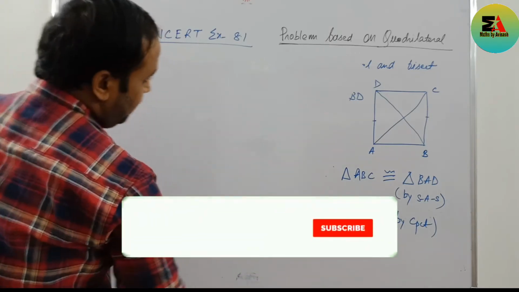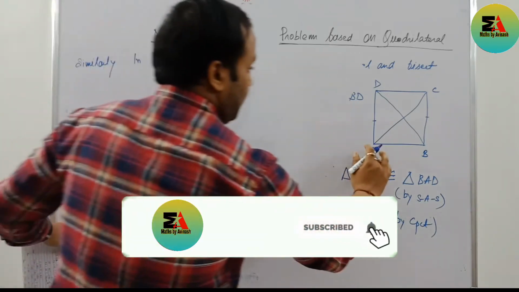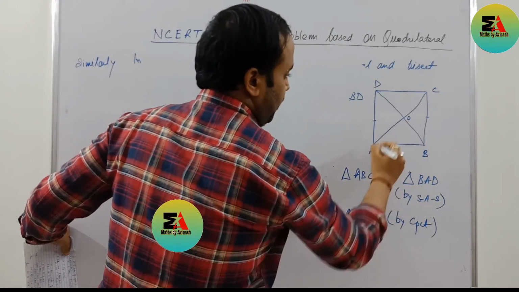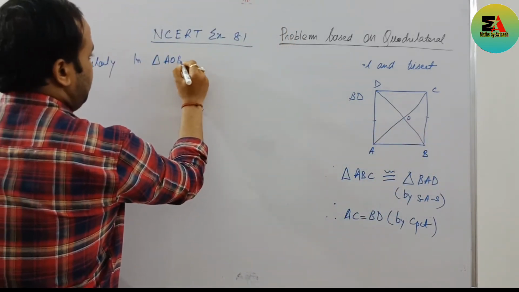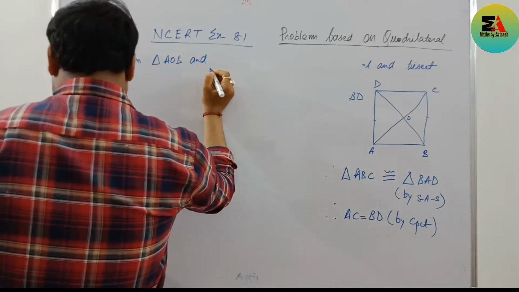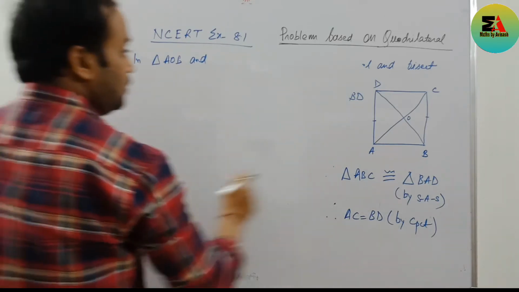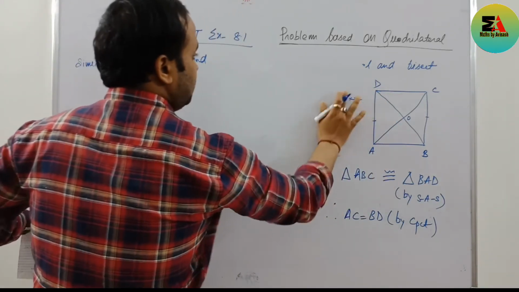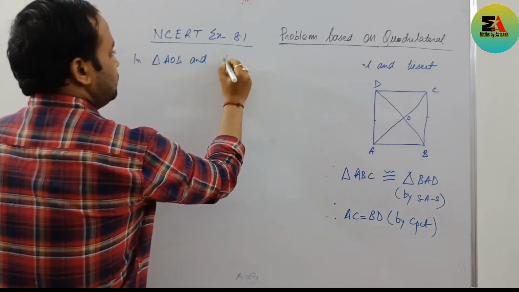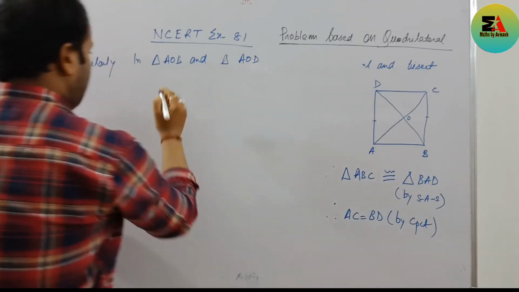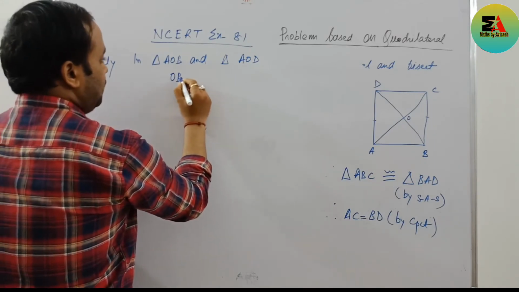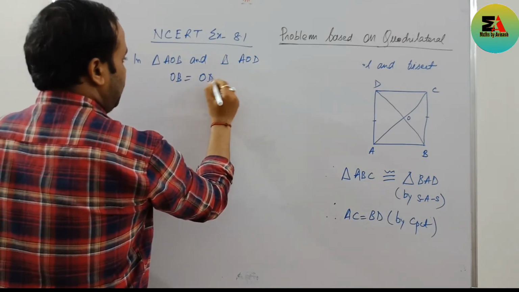In triangle AOB and triangle AOD, where the diagonals intersect at O, OB equals OD.